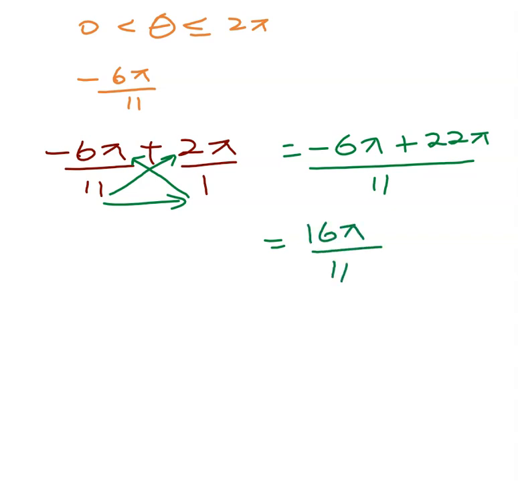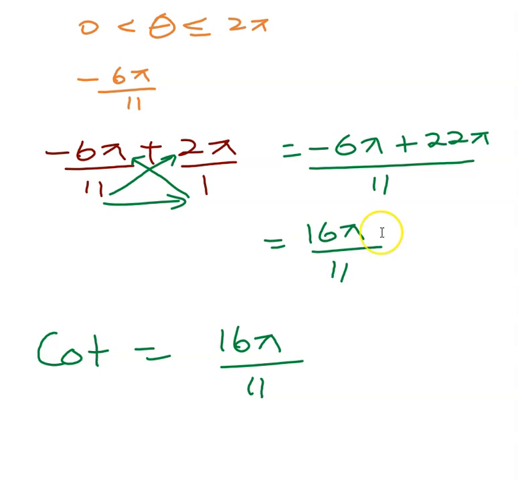So you can see right here that if I add 2 pi to this, it's going to exceed the region we're given, our defined domain. So our coterminal angle here is going to be 16 pi over 11. This is generally what you need to do whenever you have questions on coterminal angles.